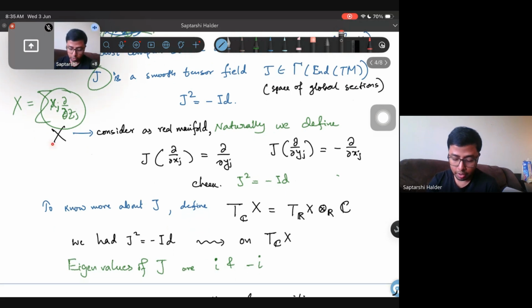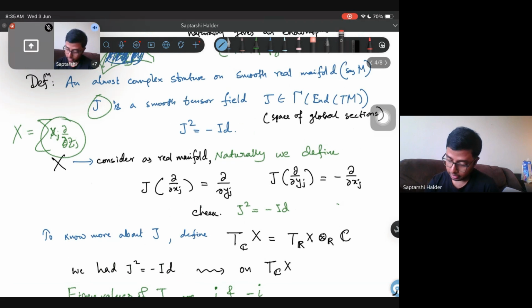Now if we have X, we consider it as a real manifold, maybe 2n dimensional, we can naturally define this thing. J is acting on these elements.